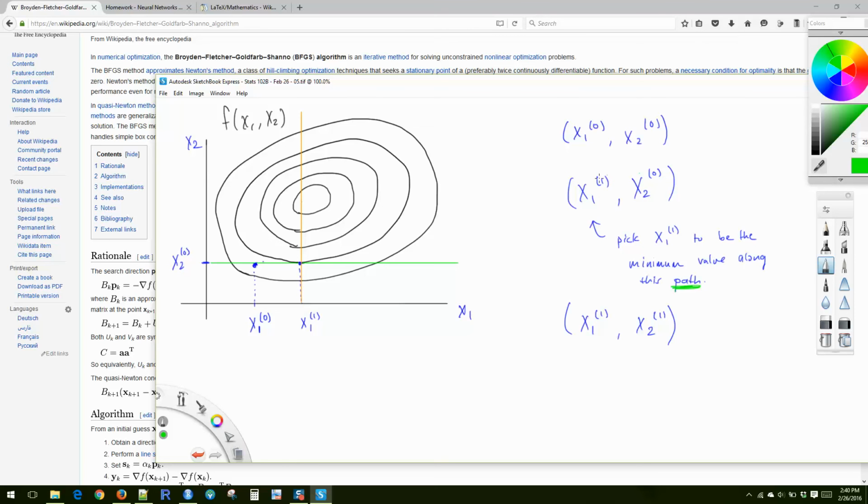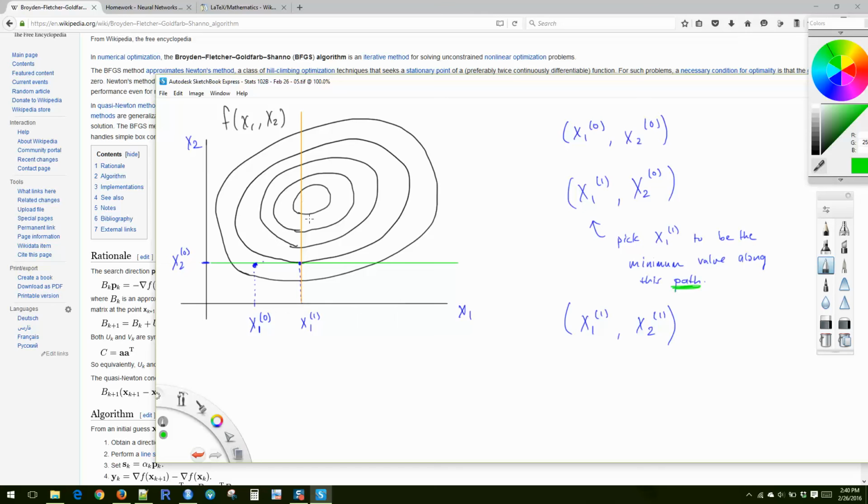Okay? So now that we've updated x1, we're going to hold that value constant right here. So now I've got this orange line, or brown line, whatever color this is, and we're going to search along here. We're going to be changing the values of x2 and ask, where along here do I minimize the function x1, x2?